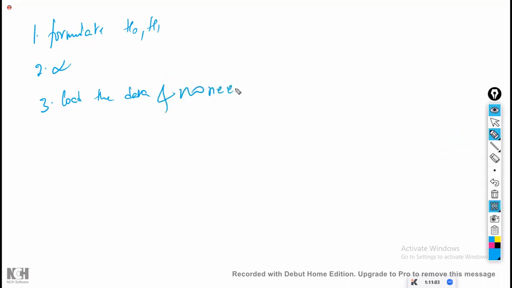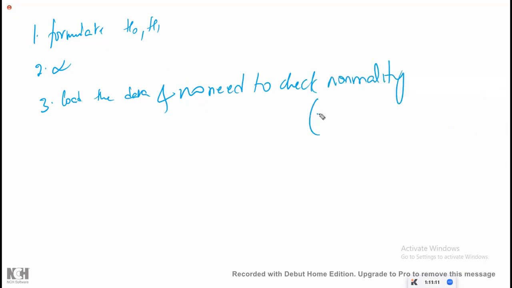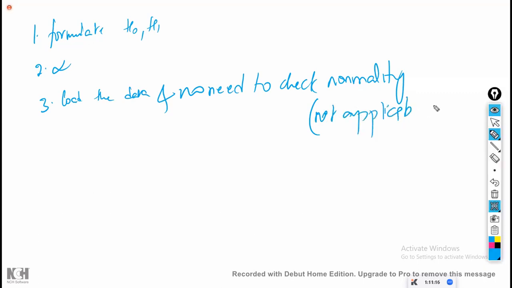So for this single variable, support or not support, if you apply value counts on this discrete variable, the output is support equal to 496, not support equal to 1504. Only two categories you are having.